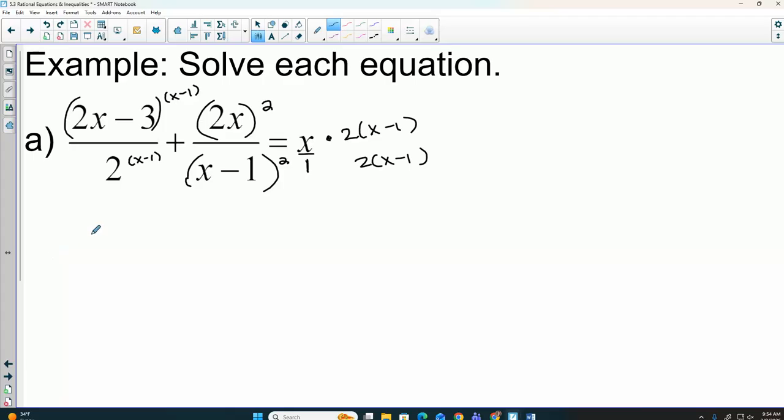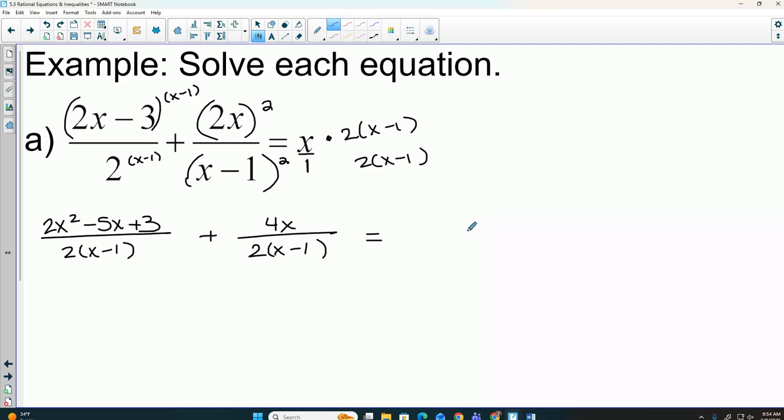All right, so if I FOIL, we get 2x squared minus 2x and minus 3x would be minus 5x plus 3 over 2 times x minus 1. I'm not going to multiply out the bottom. This would be a 4x over 2 times x minus 1.